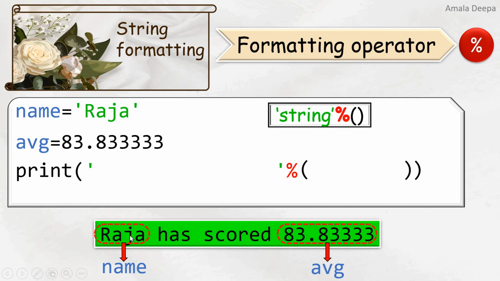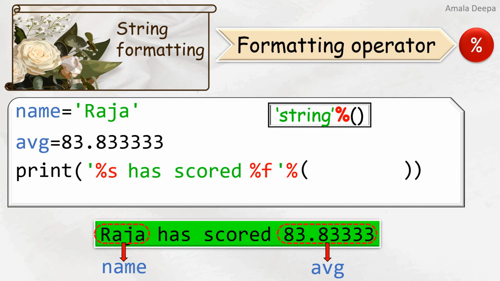First I want in the output Raja, which is a string, so here I will write %s has scored. Now I want this value which is in AVG. You look at this value, it is a float value. So corresponding to that, I should use the formatting character %f.